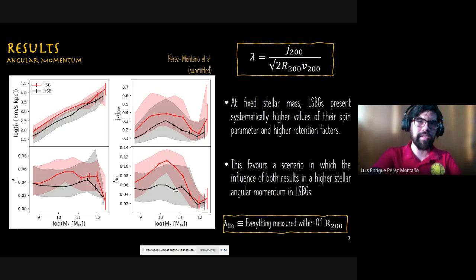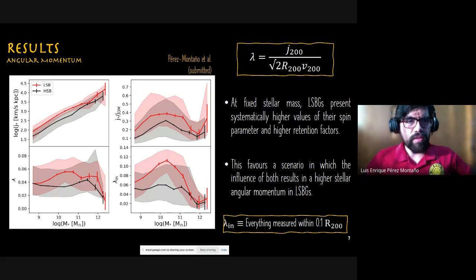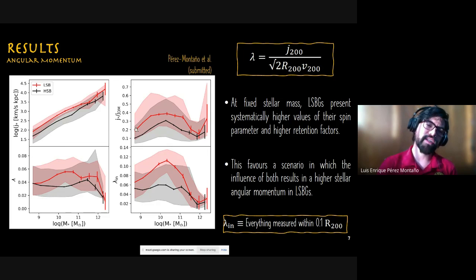So we want to study the angular momentum of these galaxies, and we have here the Fall diagram that is basically the specific angular momentum against the stellar mass. We compute here the retention fraction, defined as the specific angular momentum divided by the specific angular momentum of the dark matter component, and we have here the spin parameter, measured within 10% of the virial radius of the halo in which these galaxies reside.